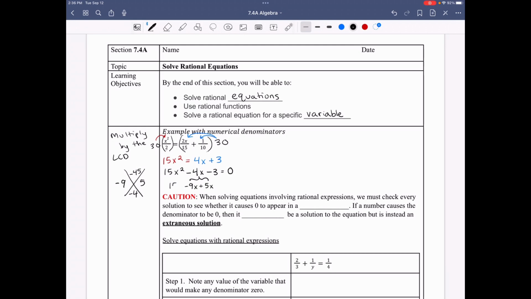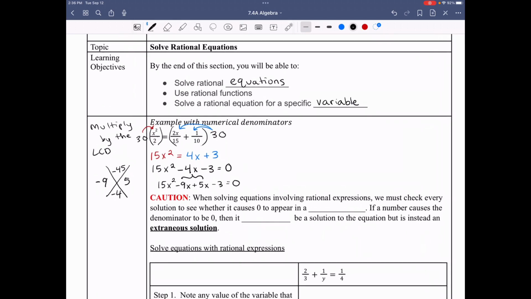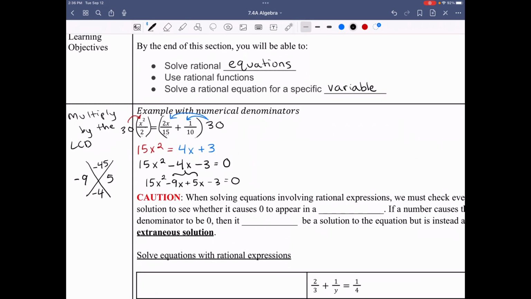I'm going to bring down the rest of my equation. And then I need some more space, so I'm going to come up here. From there, I'm going to do grouping. So the 15x squared minus 9x gets grouped together.